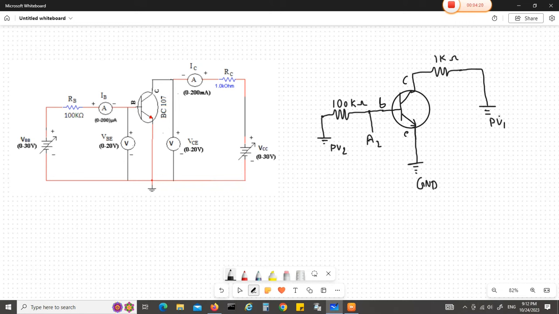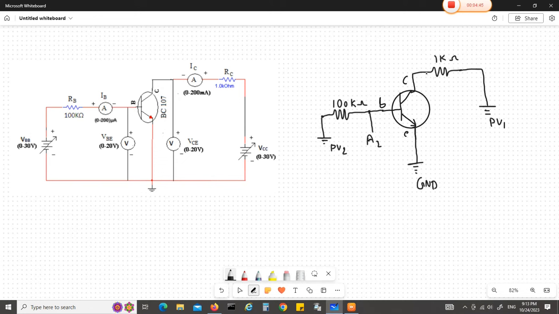PV1, programmable voltage 1, gives plus or minus 5 volts. I want to measure the voltage across the 1 kilo ohm resistor because we don't have an ammeter in the expEyes kit. Through that we are going to know the current through the circuit.